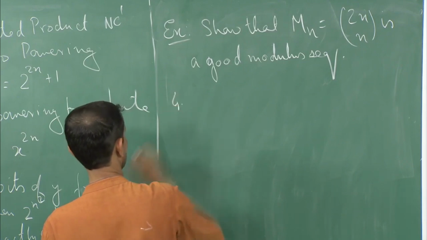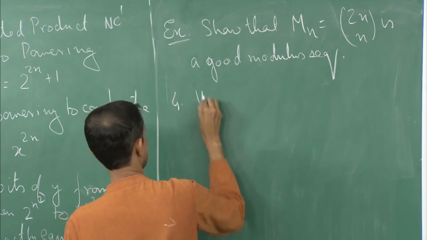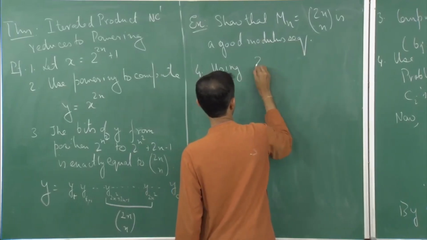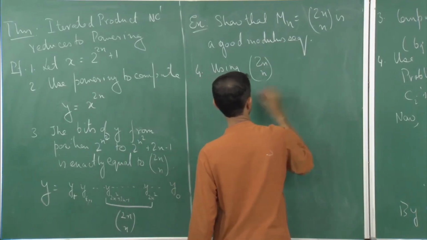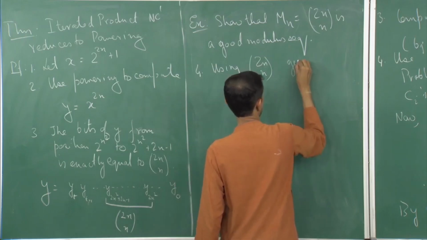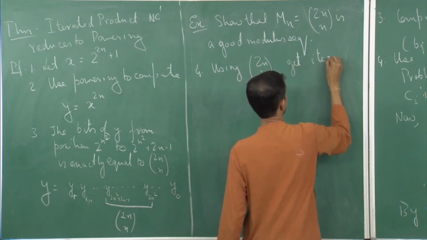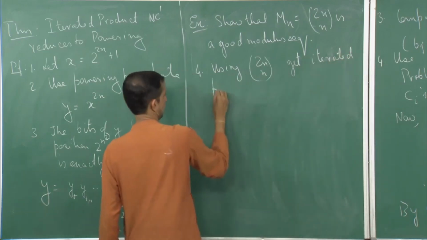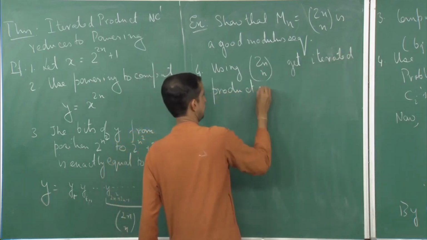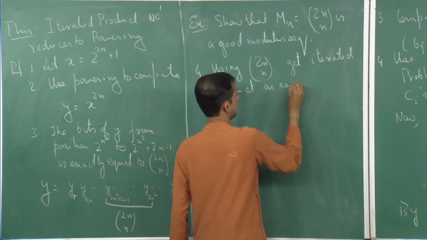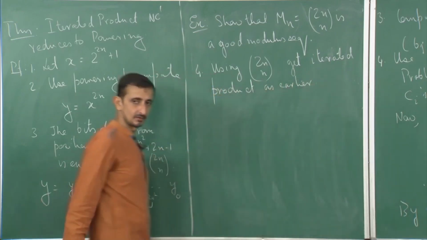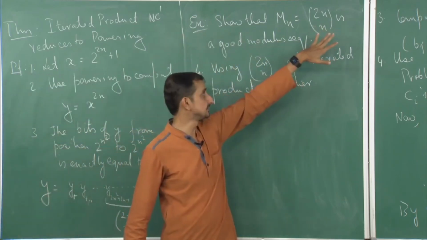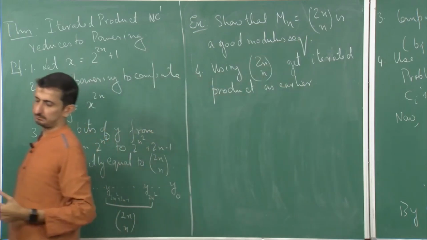So 4 is, using the value of 2n choose n, get iterated product as earlier. So the only part that remains is to prove that this is a good modular sequence, and that you can figure out.